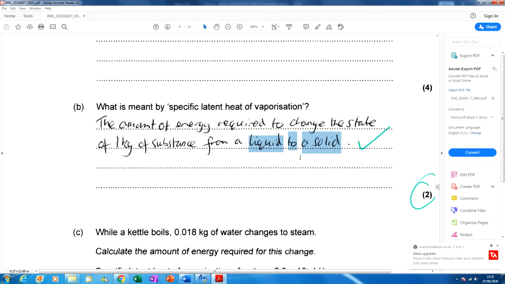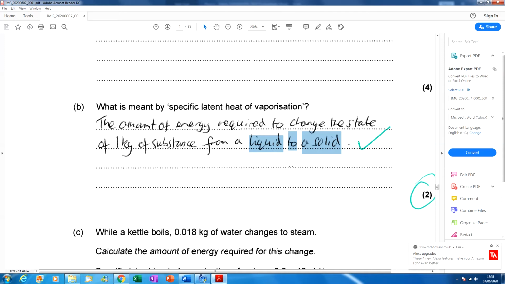So please give yourself a mark if you said you're talking about 1 kilogram of substance, and give yourself a mark if you said vaporization means you're talking about changing a state, going from a liquid to a gas or a gas to a liquid. I should only get 1 mark out of 2 for this.